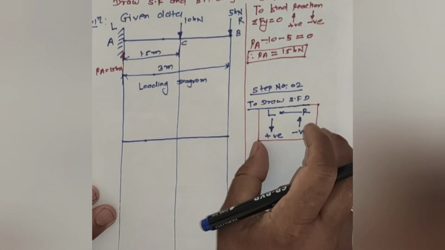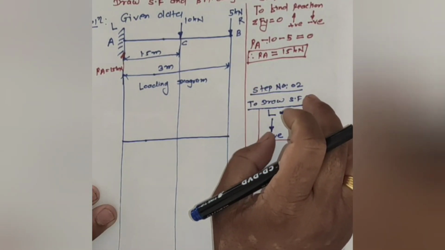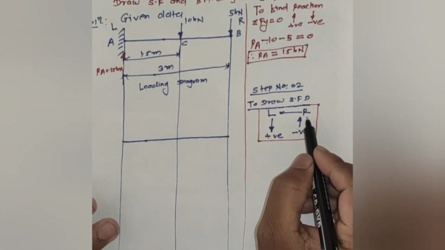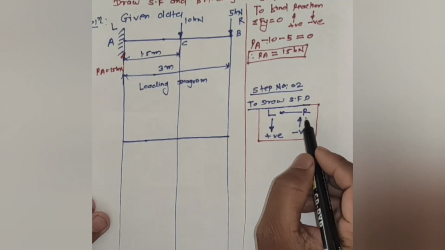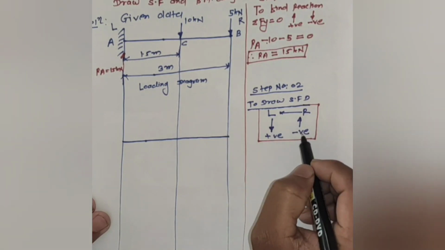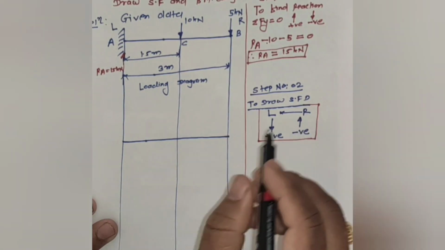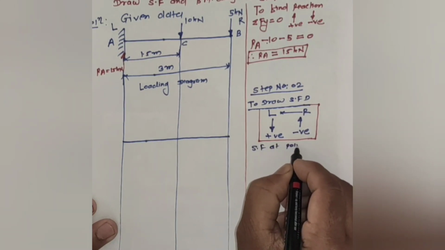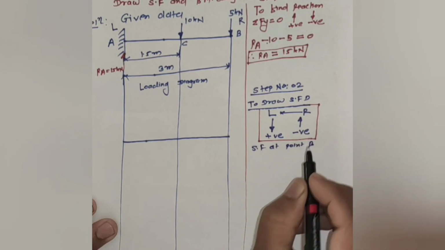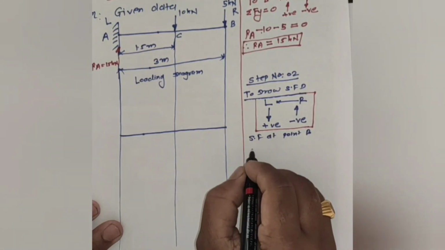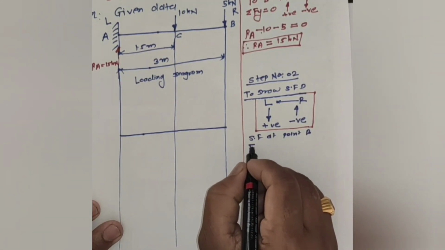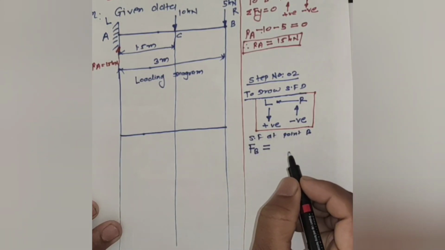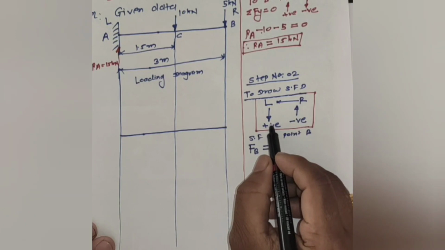All of you understood? To draw the shear force at each point, you have to consider a sign convention: downward positive, upward negative. Okay, shear force at point B. Therefore FB, shear force at point B is equal to, what is the sign convention?